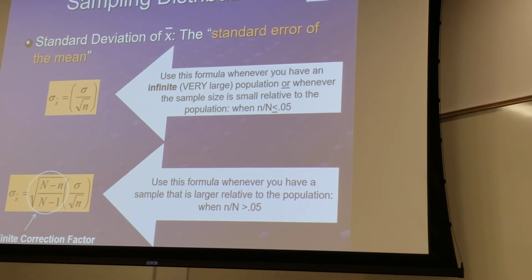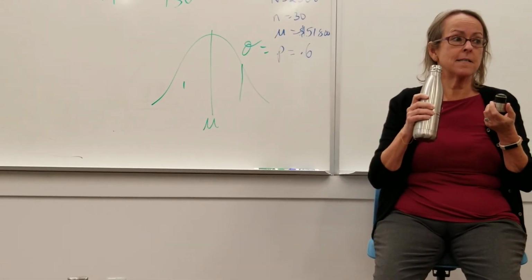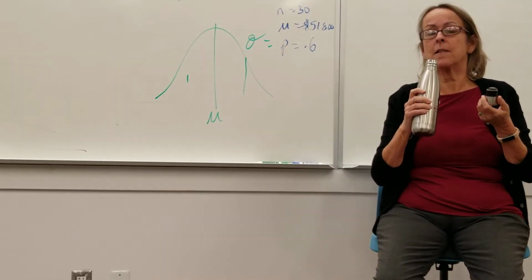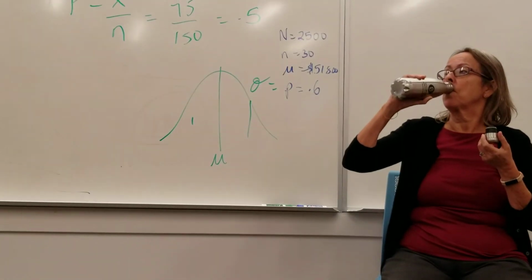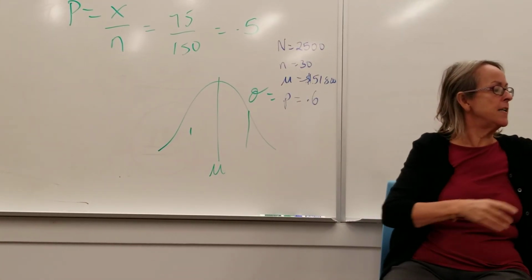Okay, so the standard deviation of X bar is also called the standard error. I'm going to call it that because it's easier than saying standard deviation of X bar. That will change every time you change your sample size.